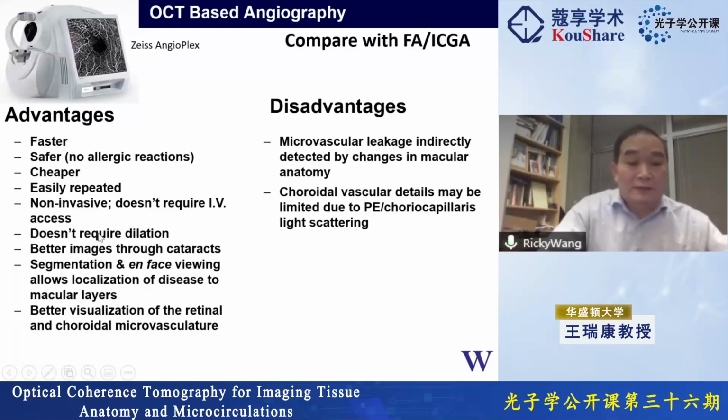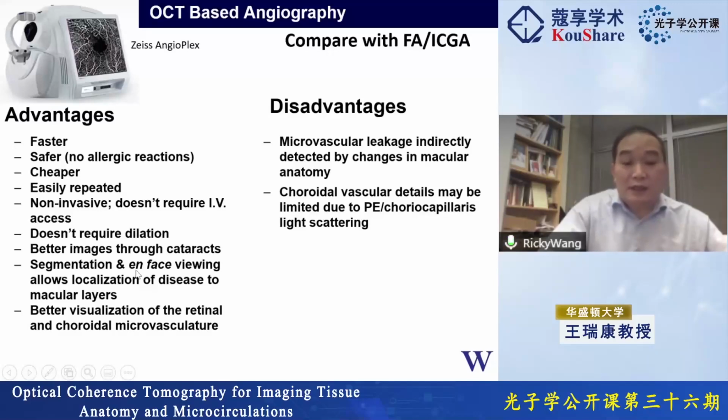And to do the imaging, you do not require dilation of the pupil of the patient, while for FA, oftentimes you have to do that. And you can use the OCT to better image the patient through cataracts. That's very important for patient or clinical translation.